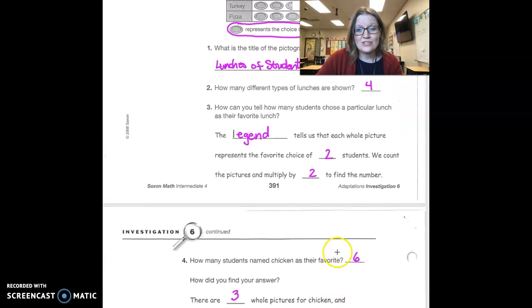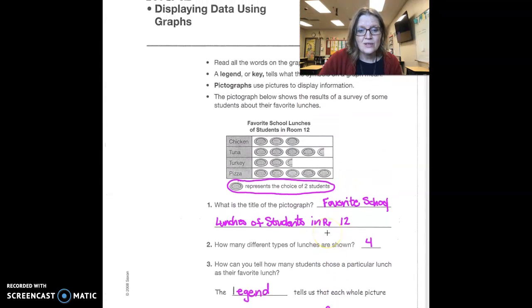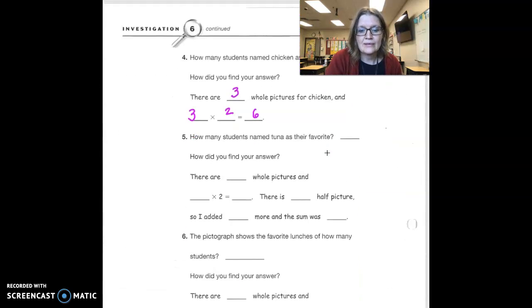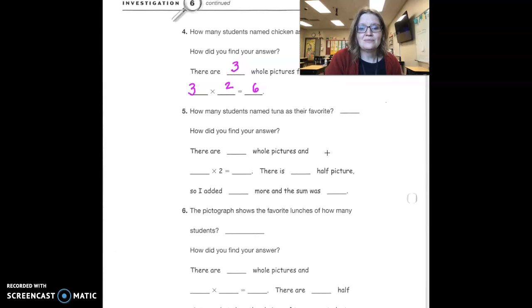Now, how many students chose tuna? This is an interesting scenario because we have 1, 2, 3, 4 plates and a half. Let's think about this. There are 4 whole pictures. So we say 4 plates times 2 equals 8. So we have 8 students.